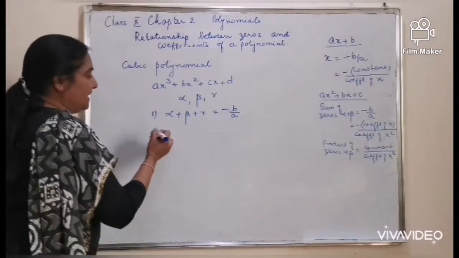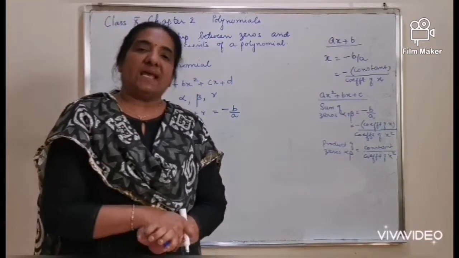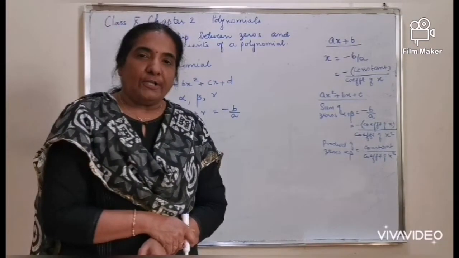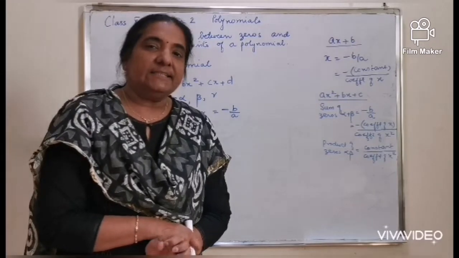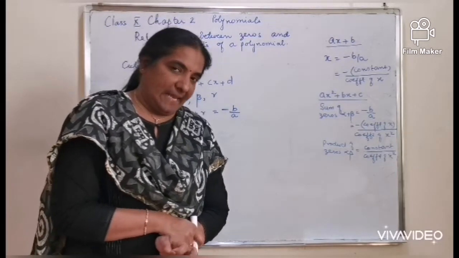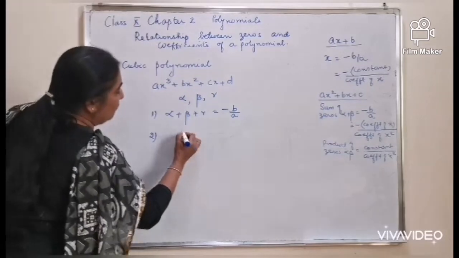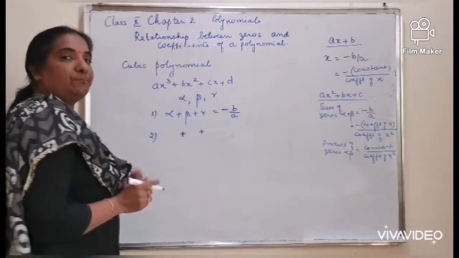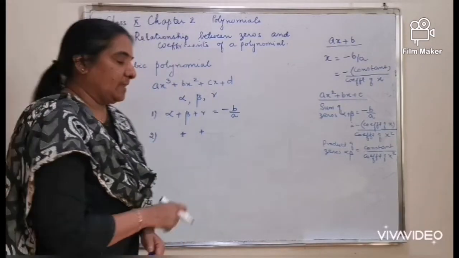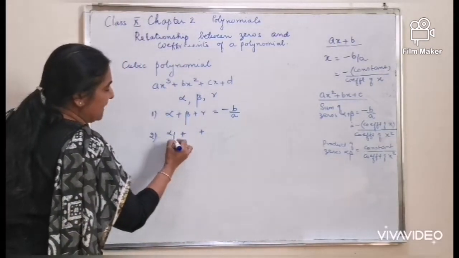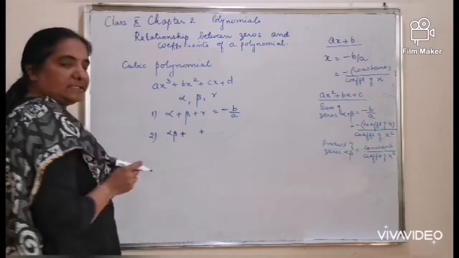The second rule is the sum of product of two zeros taken at a time. The first two zeros alpha, beta, their product.